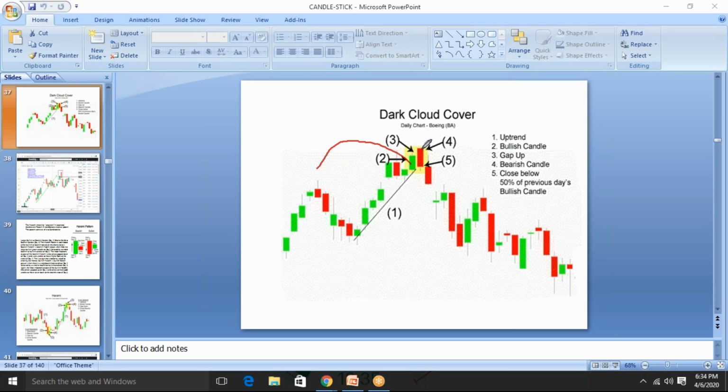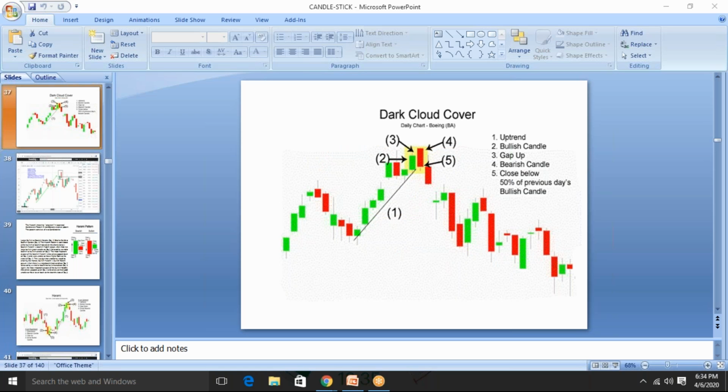Means on the next day or next candle there is a gap up opening. This candle should be bearish, meaning the color of this candle should be red, and it should close at 50% or below of the previous candle.